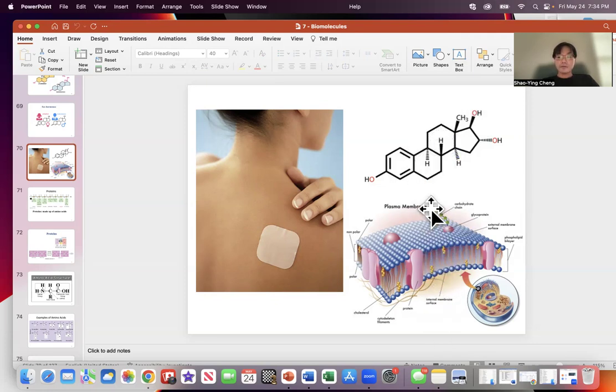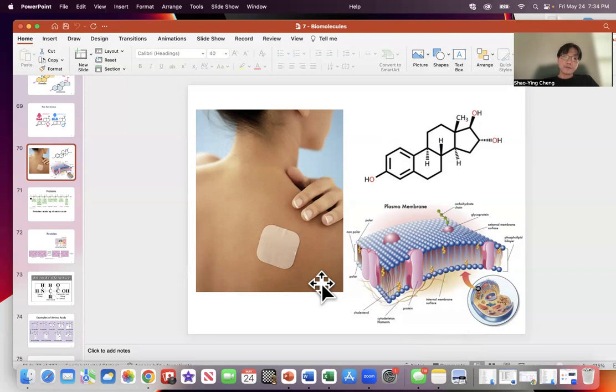The next lecture, we'll talk about transport, simple diffusion. It goes through the cell membrane, just diffusing from the high concentration area to the low concentration area. So it will diffuse through the cell membrane from the patch and through the skin cell membrane go into your body. And that's why you can eat the pill or you can use the patch, and the high dosage of female sex hormone can go into your body.